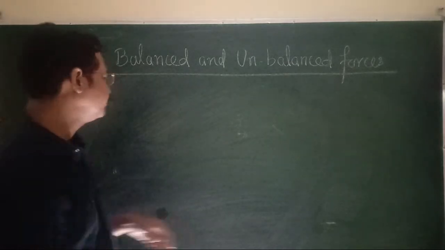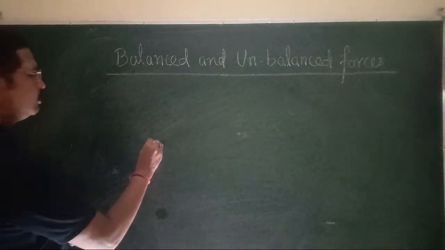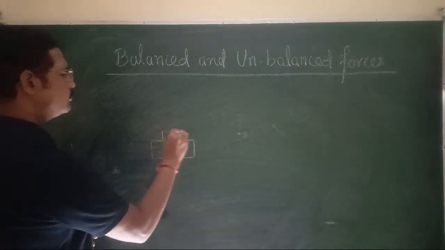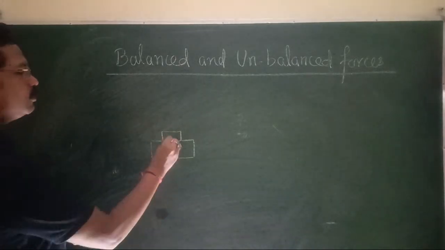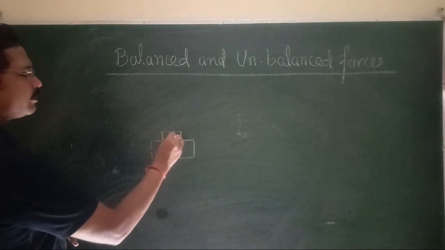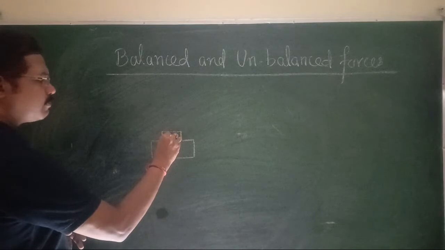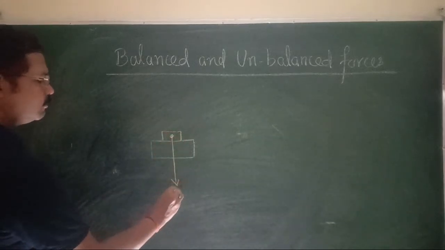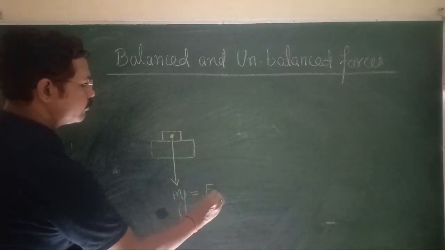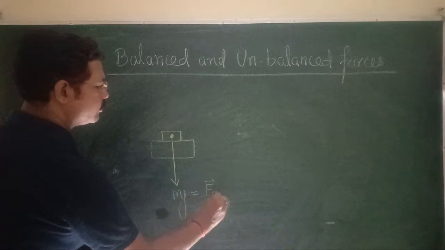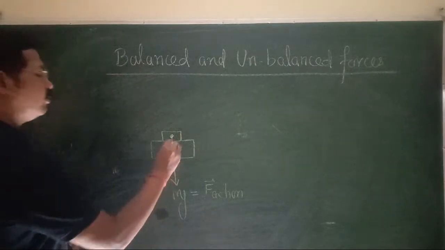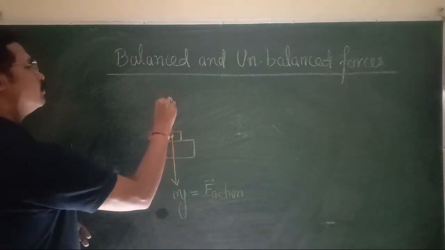Again I am making here, this is my hand, this is the duster. So on the center of mass, what is applied here? There is applied force of action mg, weight, force of action by the earth, and there is force of reaction.